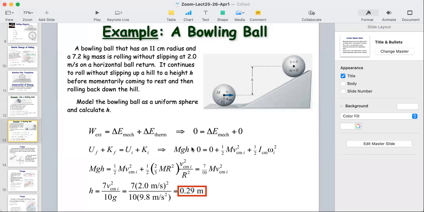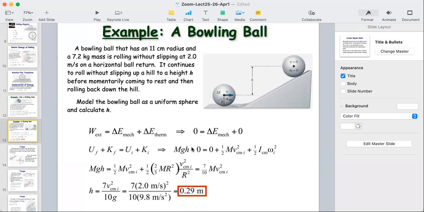And Veronica, you asked about whether this is relevant for 151. Yes, this is. There's a couple of Mastering Physics problems on rolling objects just like this, as well as in pre-recorded lecture 25 at the end, and one of the tutorial sample problems.